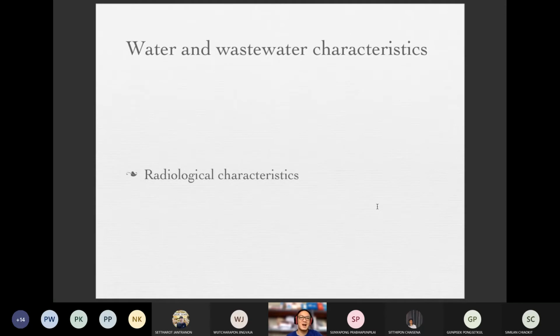They use this kind of substance in very few places in Thailand, so we don't pay much attention to it. But in some countries like Japan, maybe this is one of the most interesting contaminants they have to investigate, since the tsunami in 2004.